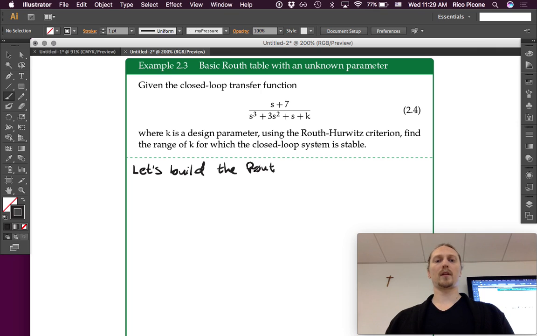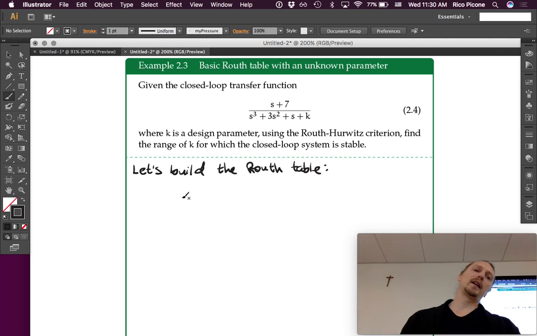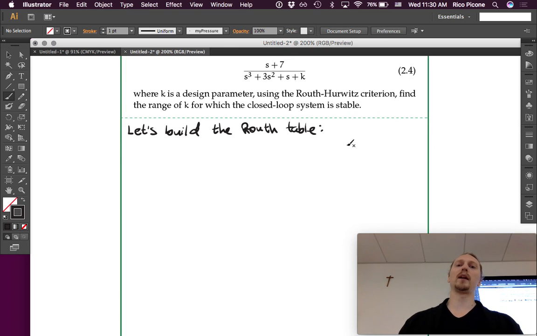Routh table should be capitalized. It's a name. So I'm going to write it on the left-hand side in a sort of generic form, and then we're going to compute the unknown terms in it, and then we're going to write the filled in one on the right-hand side.